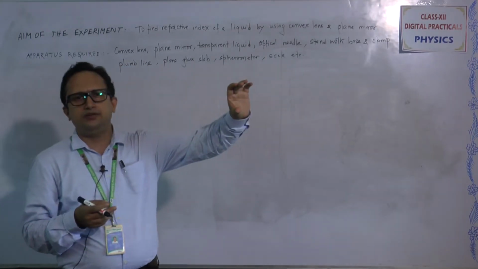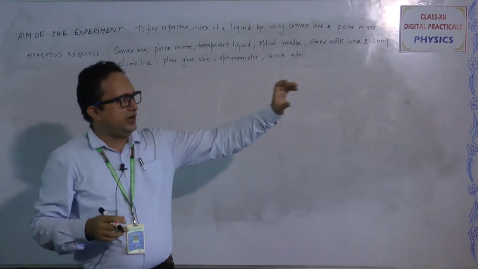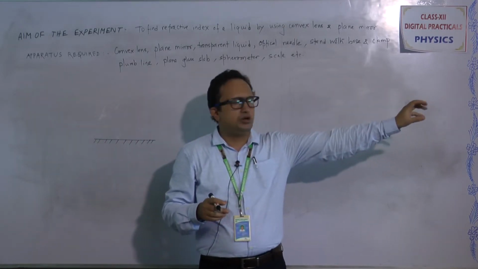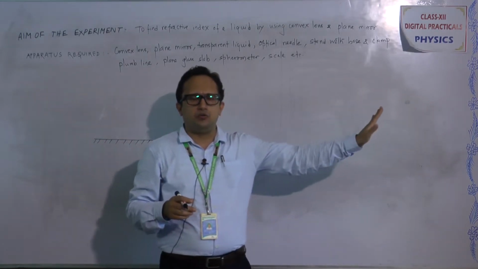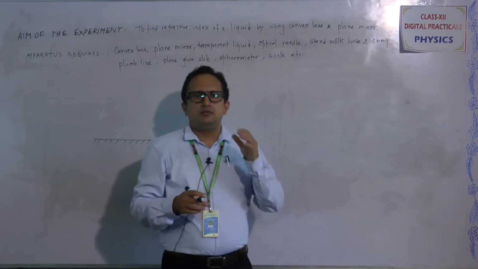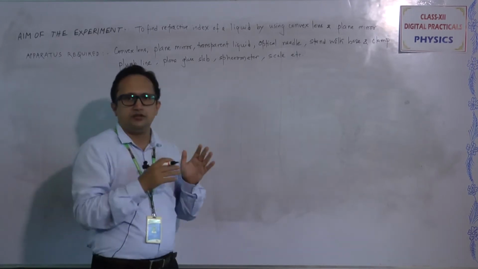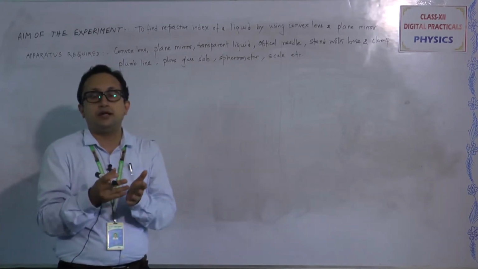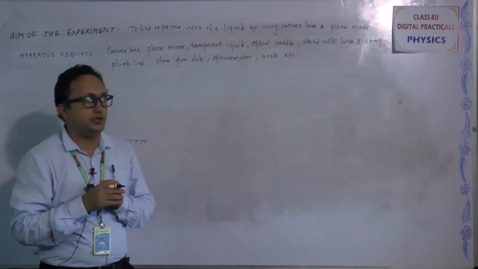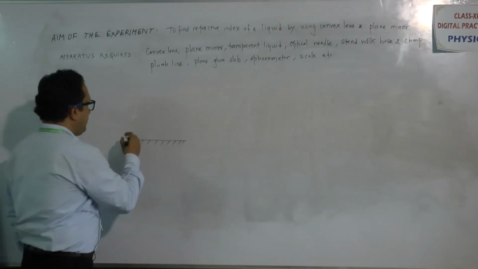You can hold the lens and make light fall through the lens, and focus the picture on a particular wall and get an idea about the rough focal length. Once you know that, you get an idea of what will be the focal length of the lens, but that's not the actual way to determine it exactly. So what we do is, we take the plane mirror and we place the lens.